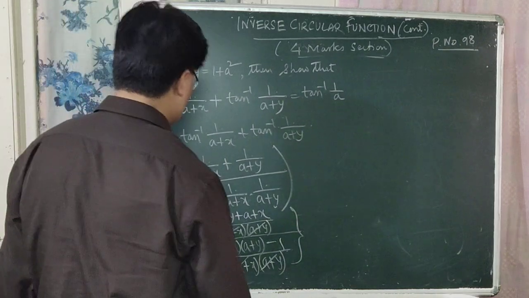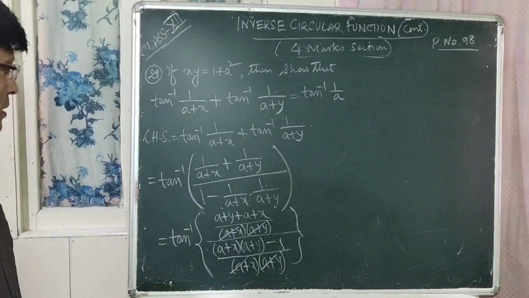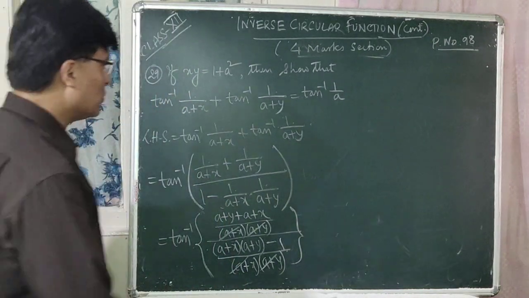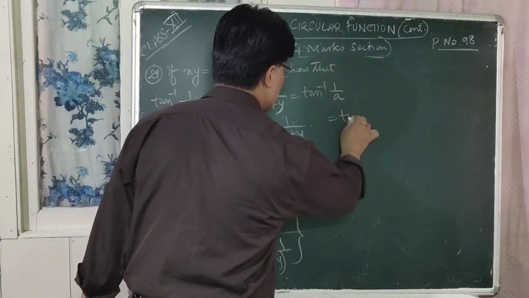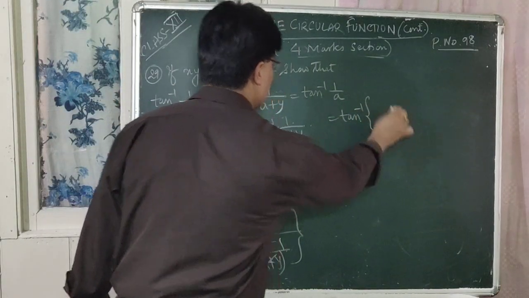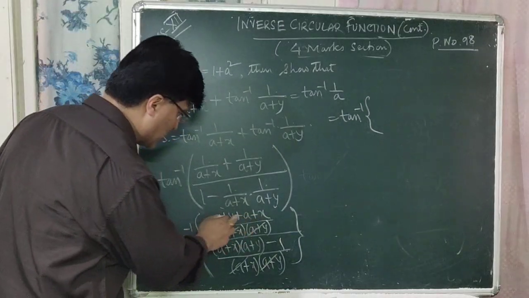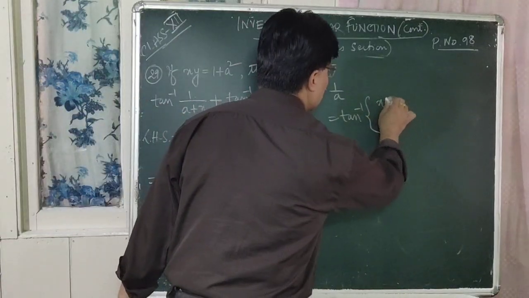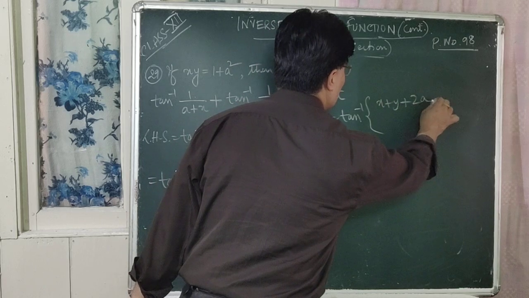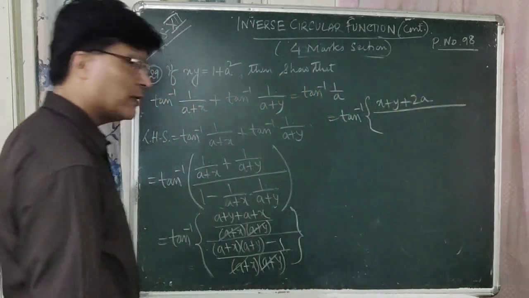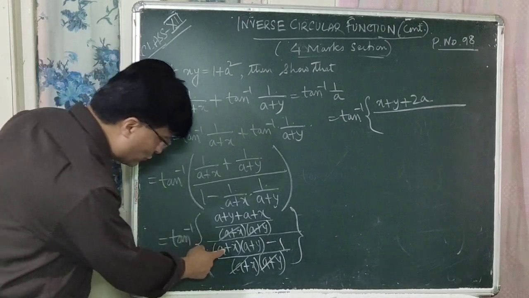So next step, write down the remaining terms. It is tan inverse, now within second bracket. In the numerator there will be x plus y plus 2a, whole divided by. Now we can multiply these two factors, isn't it?